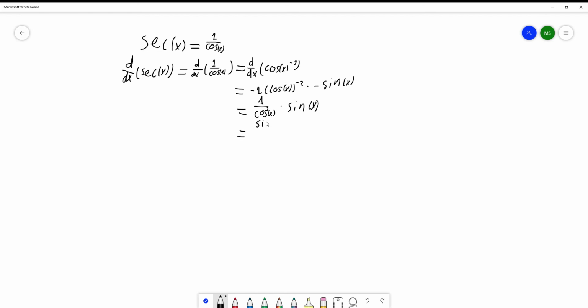This is going to be sine of x divided by cosine squared of x. Now we know sine over cosine is tangent, but we've got cosine squared, so we'll just get 1 cosine out. Now we have to multiply by 1 divided by cosine of x. We know this is tangent of x. And we know that this is secant of x.